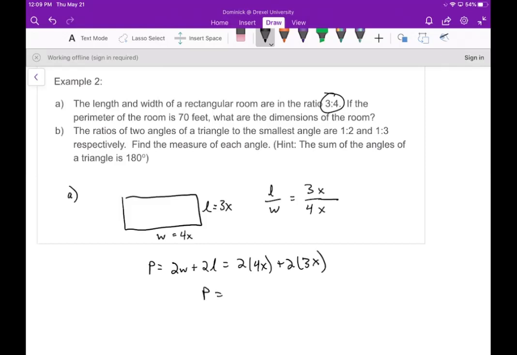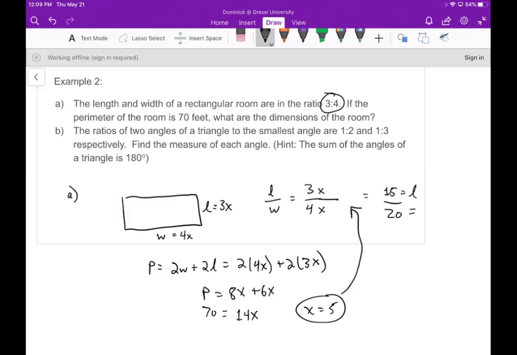So my perimeter is 8x plus 6x, which is 14x. We're told the perimeter is 70, so x is equal to 5. Going back to the original ratio, the length is 3 times 5, which is 15, and the width is 4 times 5, which is 20.